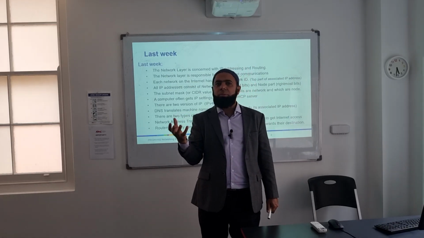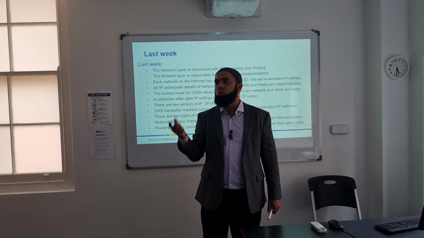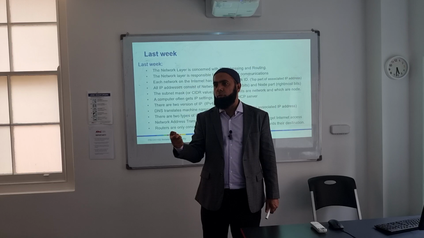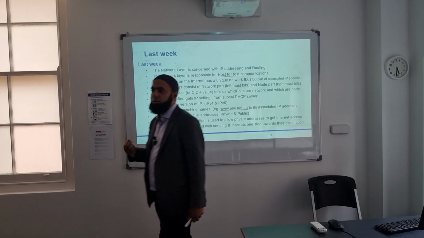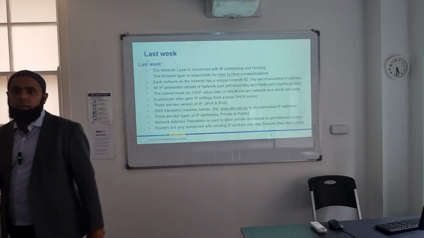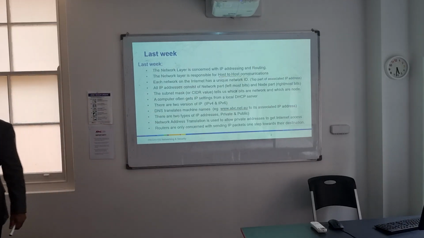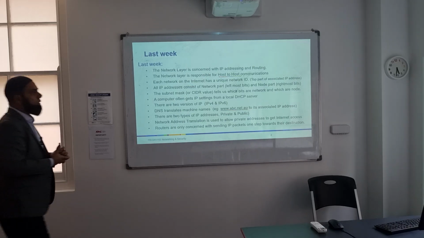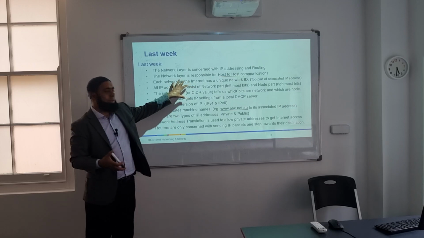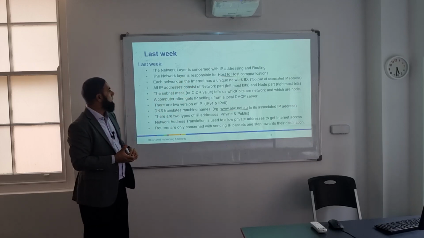A network ID is a similar thing like the ID of, let's say, Sydney. 02 is the network code: if you want to make a landline call in Sydney, you need to dial 02 first. In Melbourne, you need to dial 03 first, or country codes. So they are like network IDs. In the similar way, in the field of networking, they have network IDs of each network as well.